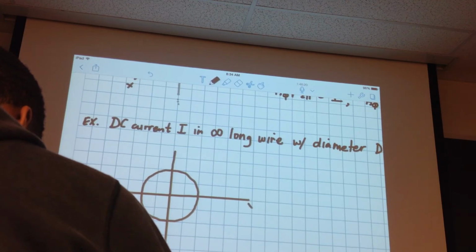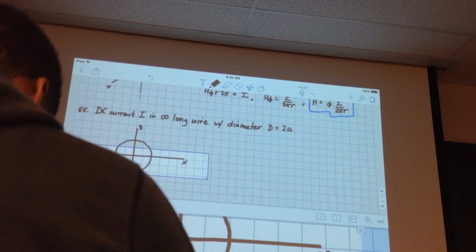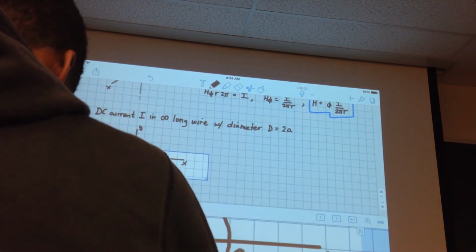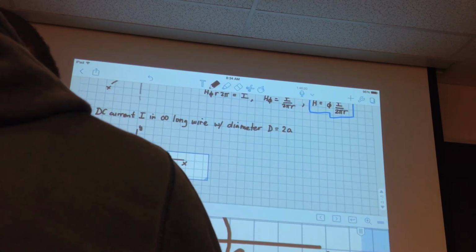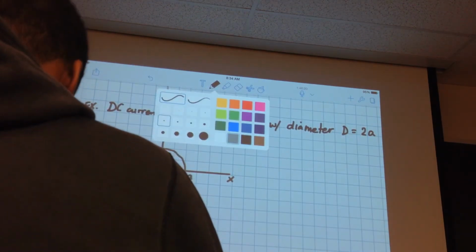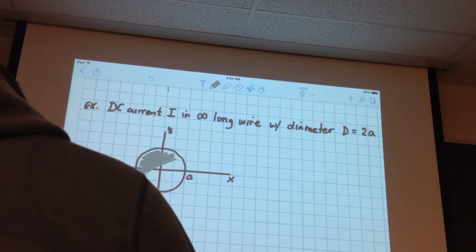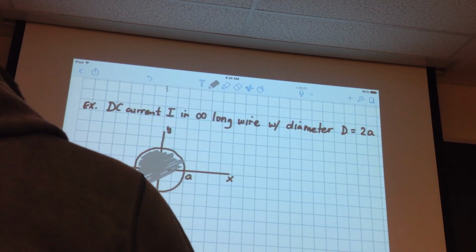So let's call this the x-axis and that the y-axis. And now I've got a wire with radius A, so all of my current is flowing in DC.